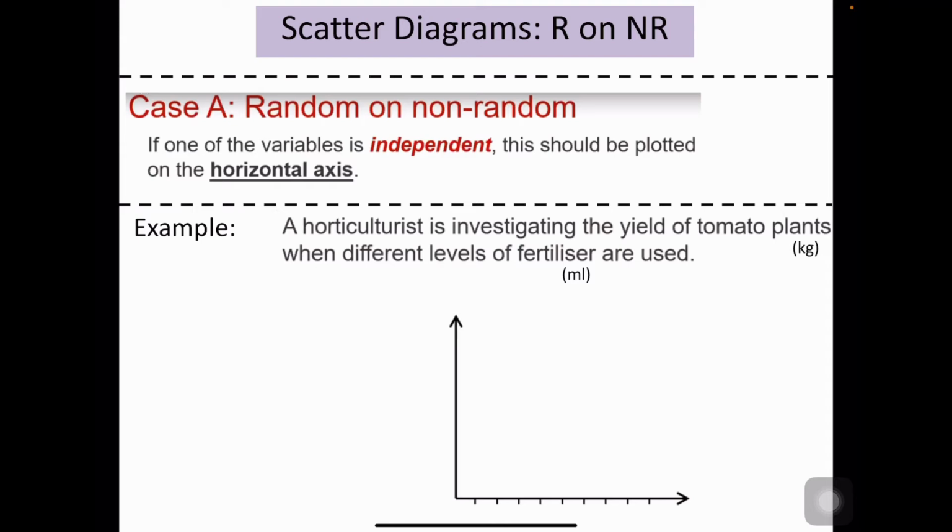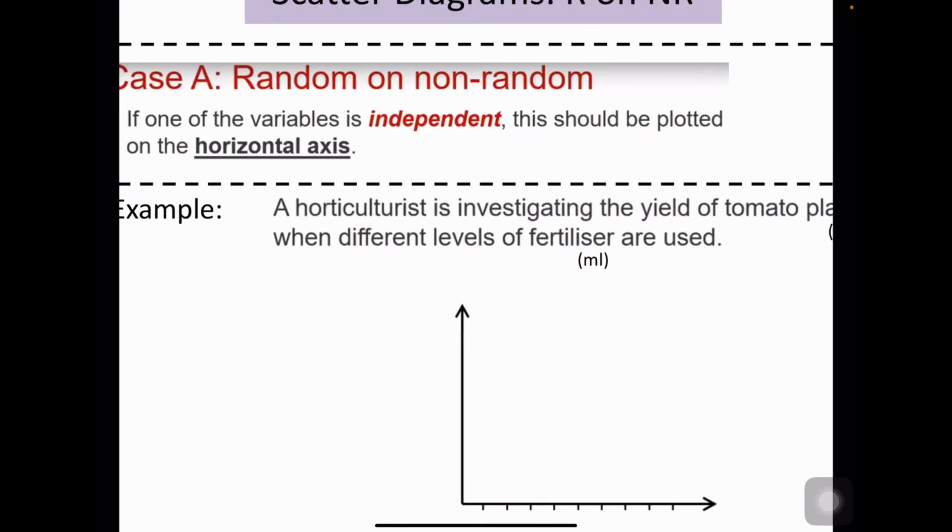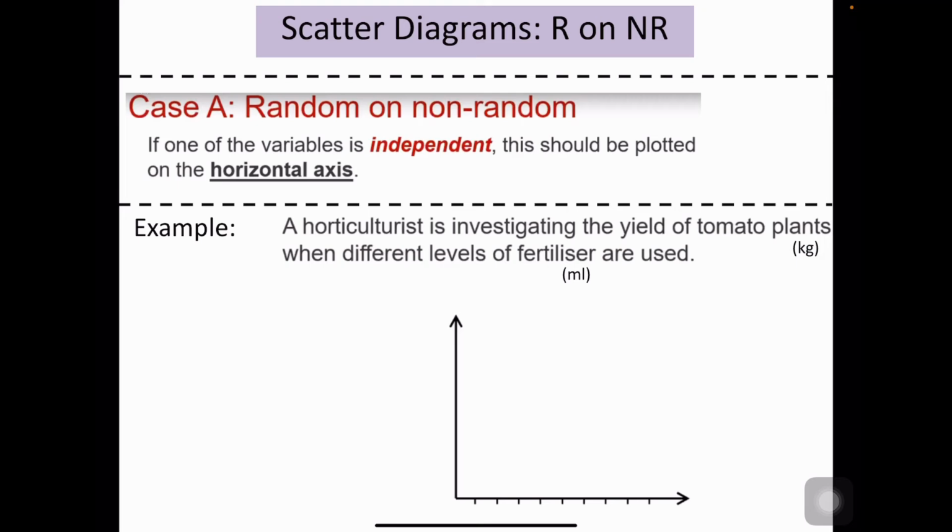If one of the variables is independent, then this should be plotted on the horizontal axis. So levels of fertilizer being used, fertilizer used in milliliters, will go on the x-axis, and we're investigating the yield of tomato plants, and so this will go on the y-axis.